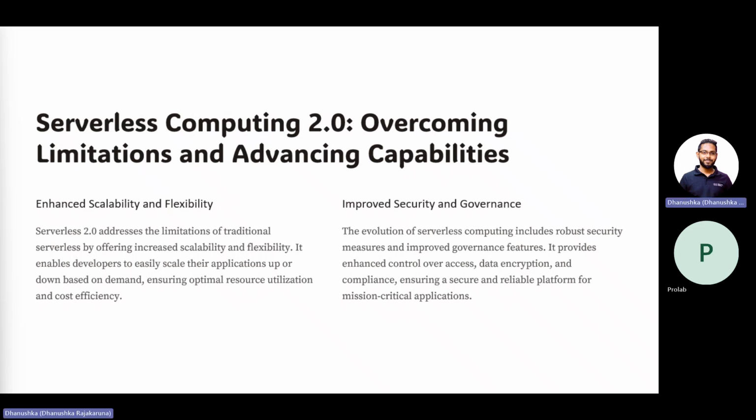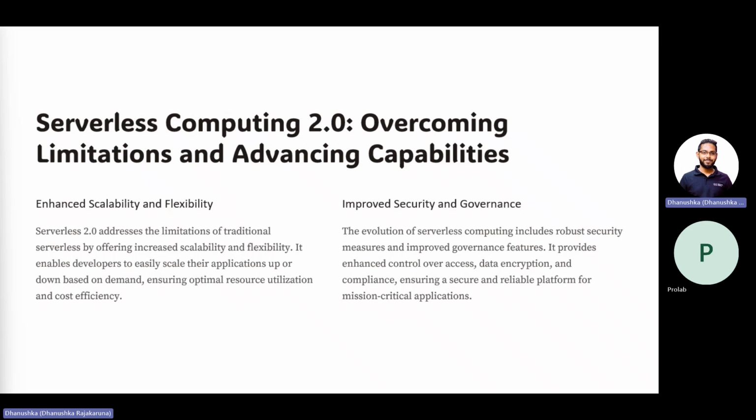The next phase, serverless computing 2.0, addresses these challenges and expands its capabilities. Challenges in current serverless computing: cold start, vendor lock-in, limited long-running tasks, debugging and monitoring capabilities, resource management constraints.